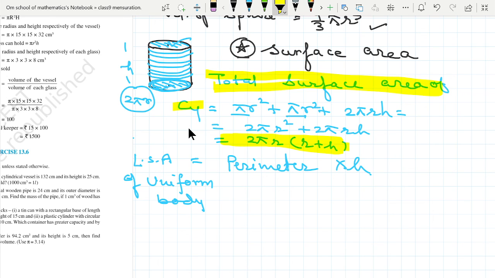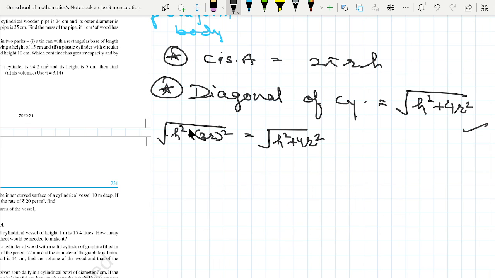So h square and d की जगह अगर हमने 2r लिया तो 2r का whole square. So it will be h square plus 4r square. So this is the correct formula कि diagonal of cylinder is square root of h square plus 4r square. क्लियर है बच्चों? कोई दिक्कत? Good, very good.